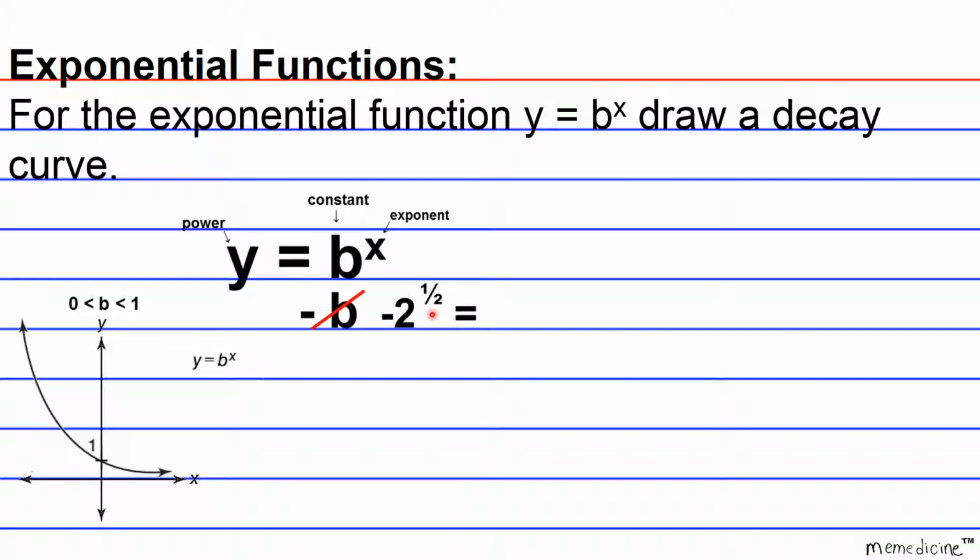This is what would happen. We would have to evaluate negative 2 to the 1/2 power. We know that to evaluate this, we basically raise the base to the numerator and take the nth root of the denominator. So we're taking the square root, or the second root, here.